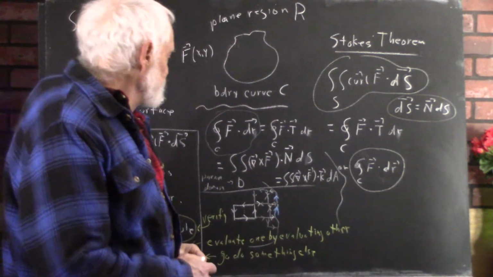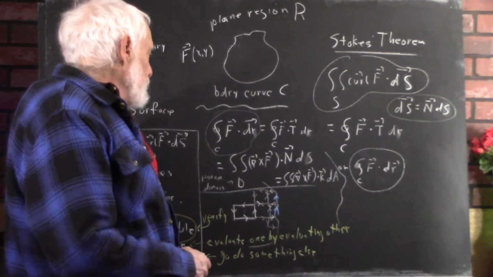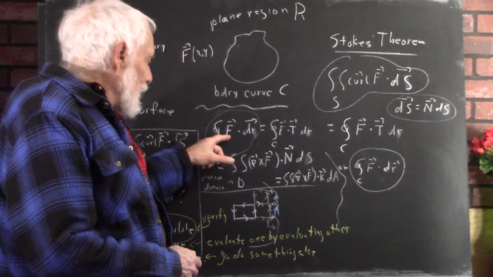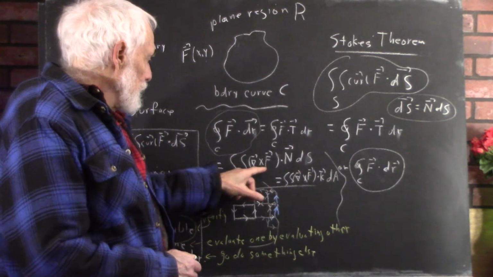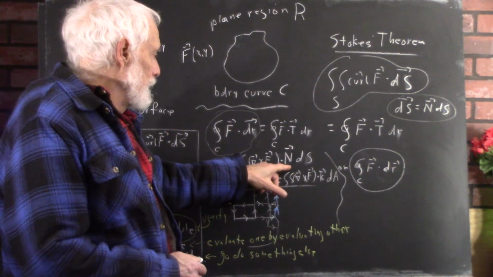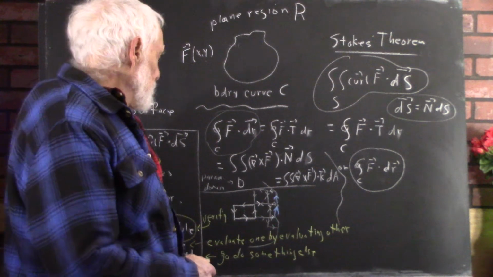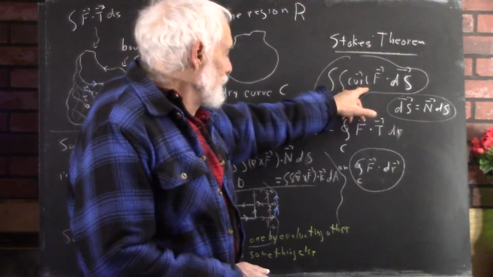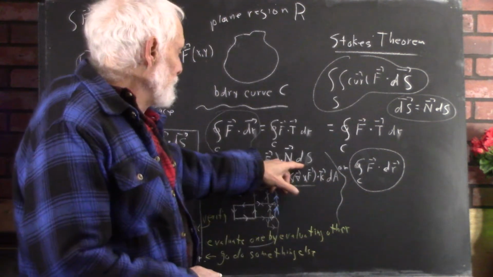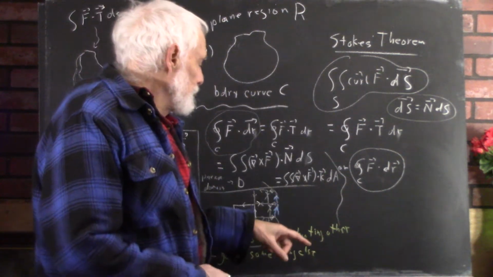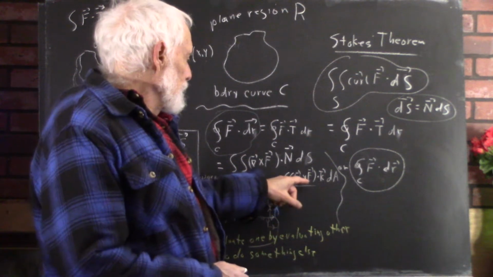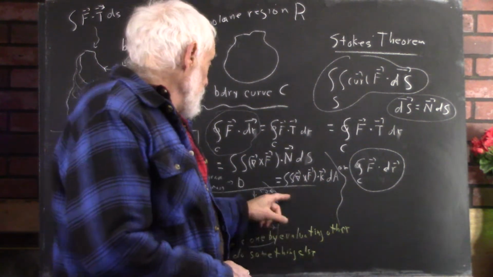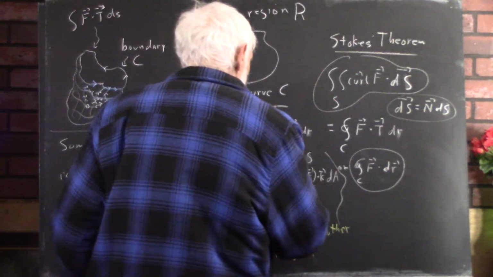Okay, well, by Green's theorem, that, as we've seen, is equal to del cross f dot n with respect to area. Well, that's this. In the plane, we're saying that that's equal to del cross f dot k times the area increment in the plane region. So this would be over the region R.